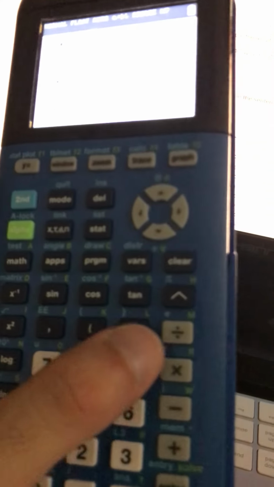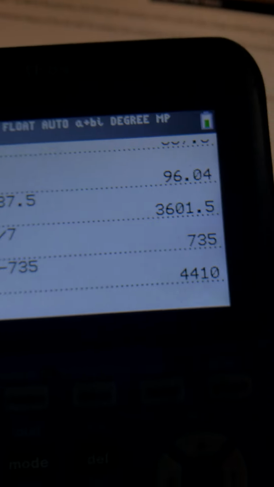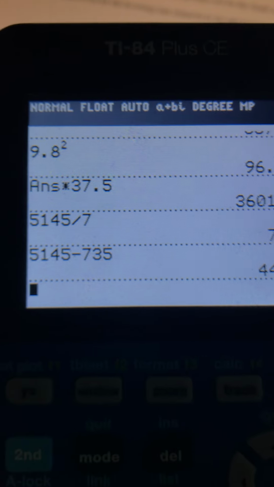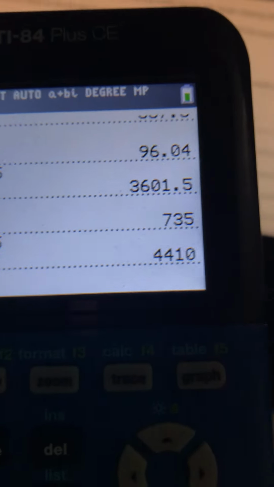And the kinetic energy at the bottom of the track is going to be the 5,145. So 5,145 minus 735. I'm sorry that this thing is barely visible. Okay, 735, and now we enter. And the kinetic energy at the bottom of the track is 4410.